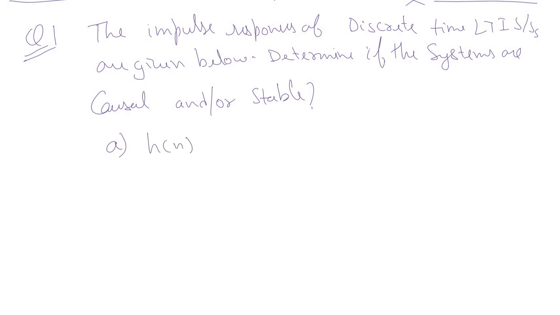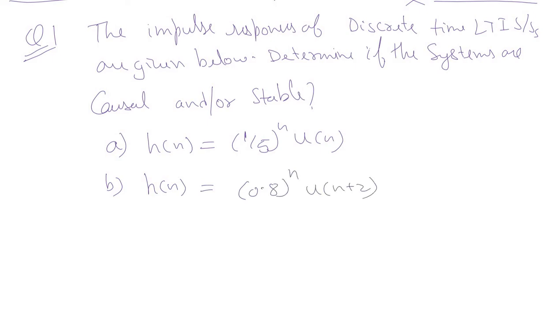First one is h(n) equal to (1 by 5) raised to power n. Second impulse response is h(n) equals 0.8 raised to power n u(n plus 2). Third one is (1 by 2) raised to power n u(4 minus n).